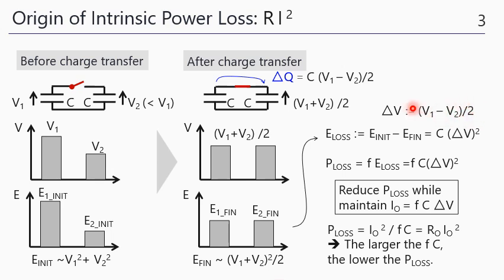This is related to delta Q, the transferred amount of charge here. So using delta V, E loss can be expressed by this equation. Power loss is expressed by this, where F is the frequency of the charge pump.